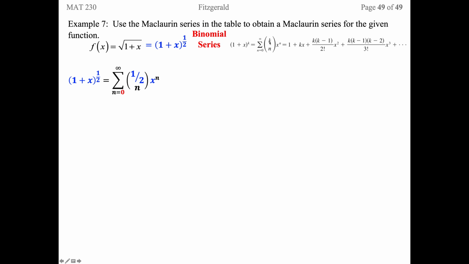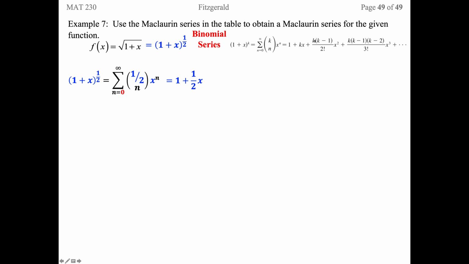So we're going to start right here. All right, so that's going to give me 1. Again, you put 0 in for n. That becomes 1. And if we look over here, that's the first number of our series. Then we put in the 1 half in for k times x.